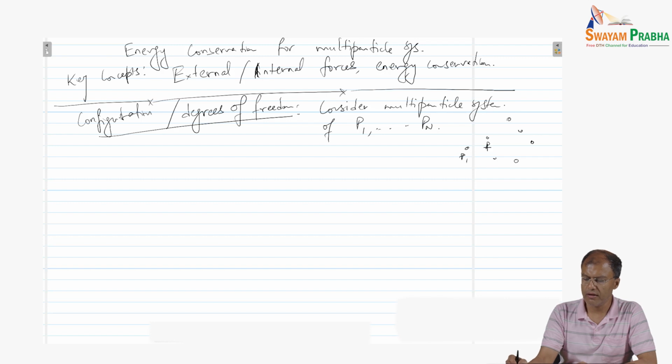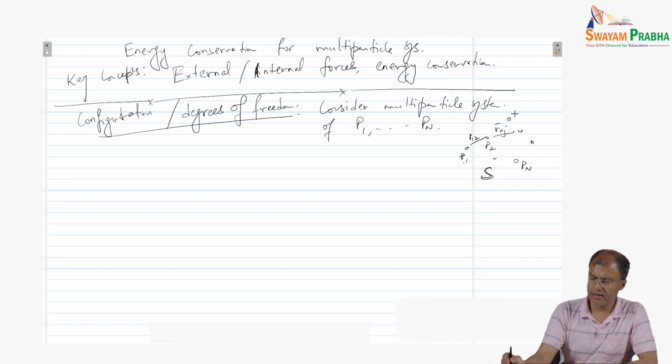P1, P2, Pn, and so on. We call this system S, and let us say the distance between any two particles is Rij. For example, P1 and P2 is R12, and so on, Rij, right? And this is my particle Pi.